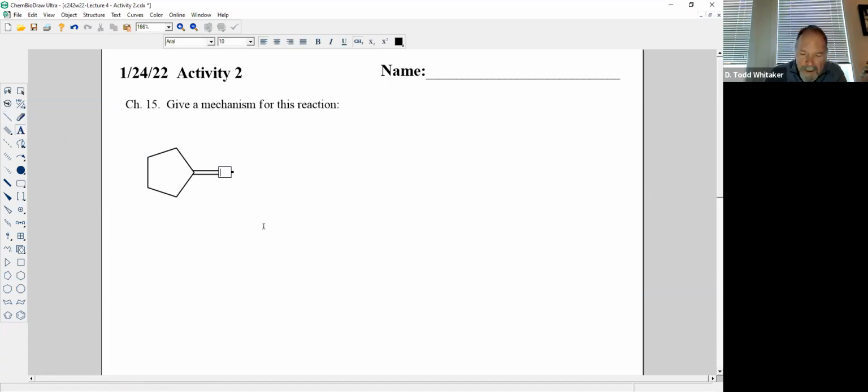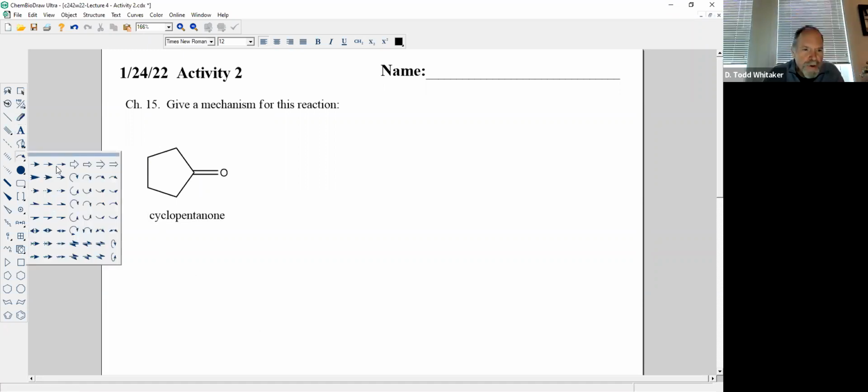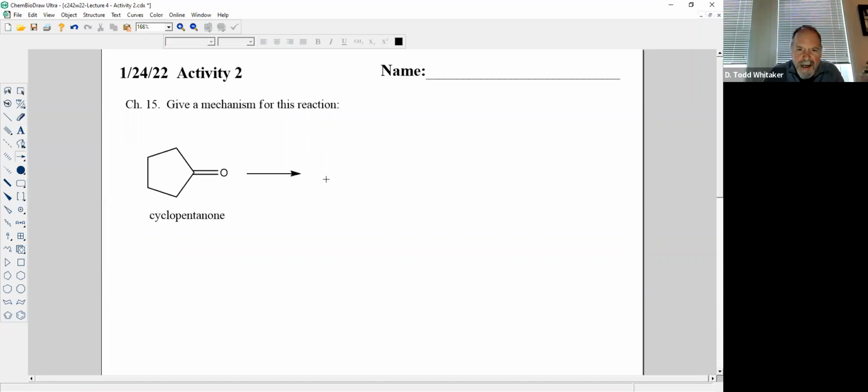So there's a ketone. When we get to chapter 16, you won't be surprised that's called cyclopentanone. And we're going to react this thing with 2 reagents in sequence. So it's really 2 reactions.